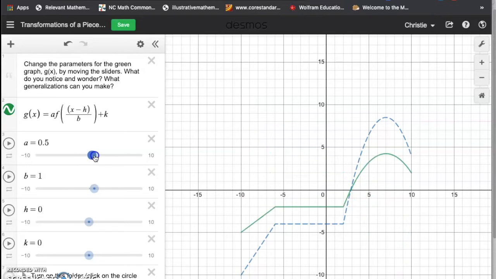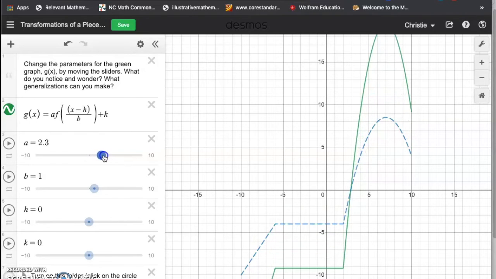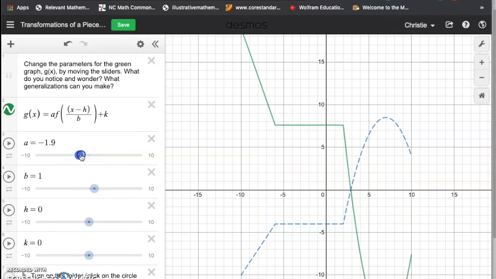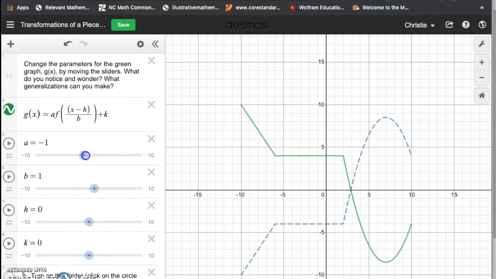And specifically, we see those changes happen as a vertical stretch when the value of a is greater than 1, a vertical shrink whenever the value of a is between 0 and 1, and a vertical reflection whenever the value of a is negative. You can always return to the previous videos too if you want to go in more depth with those different explorations.